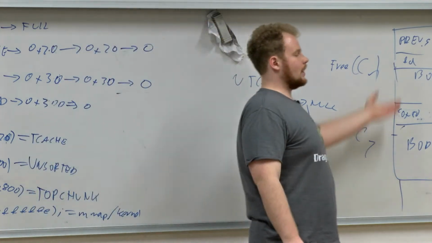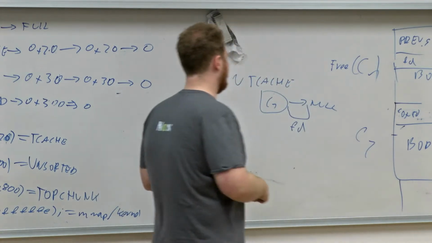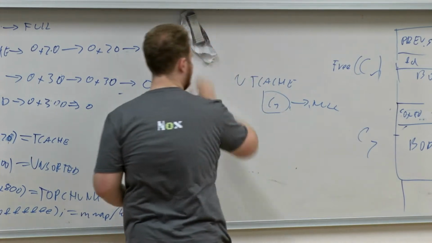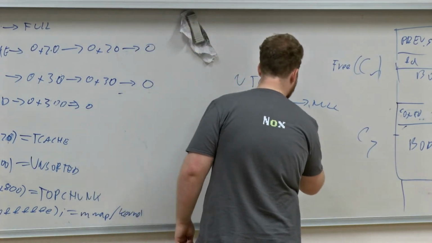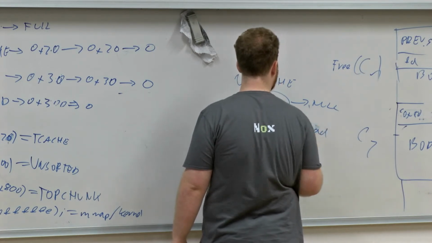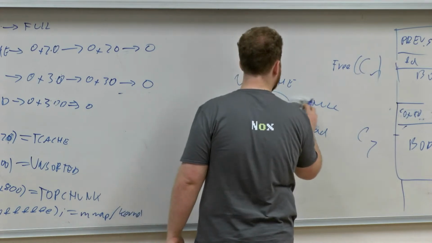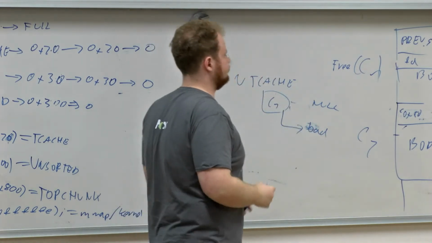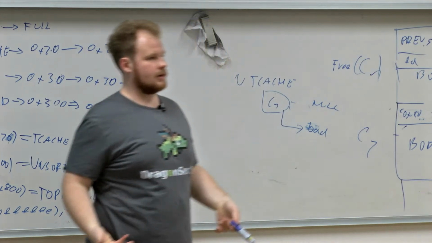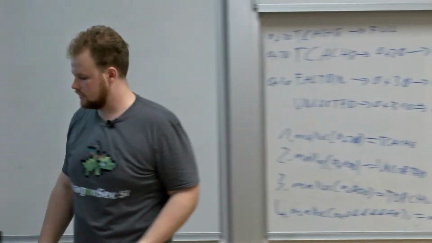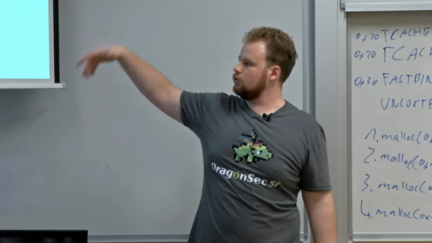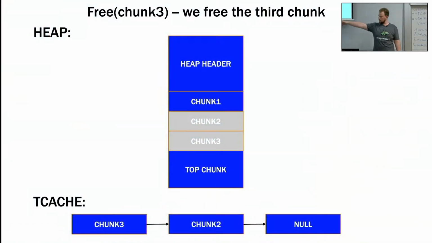If we are able to overwrite the forward pointer, then this chunk, all of a sudden, points somewhere else. It doesn't point to null anymore, or to the next chunk. But the Tcache will still think that there's a chunk there, that there's something it can alloc or malloc. So in this scenario, we freed 2 chunks, and the Tcache changes accordingly.